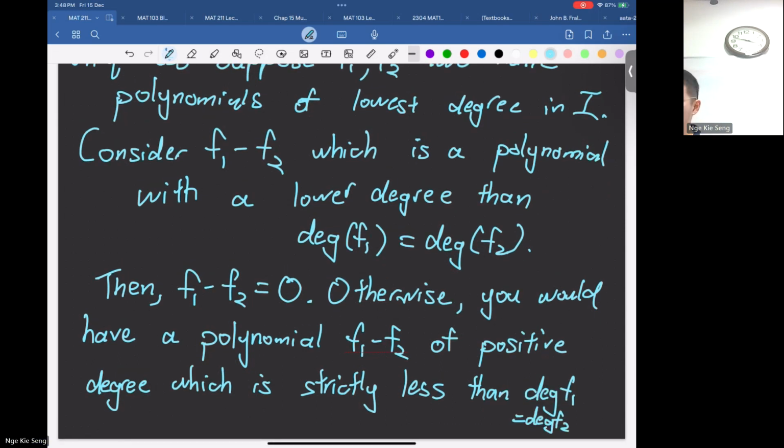Then you have a contradiction. Make sense or not?